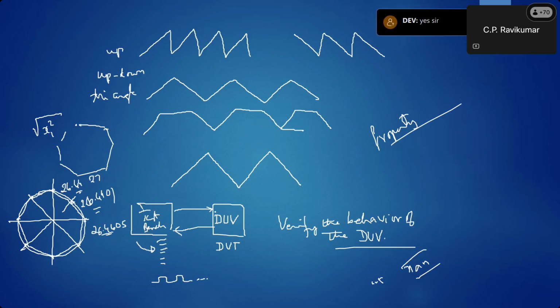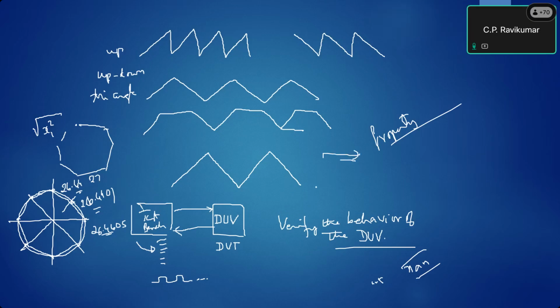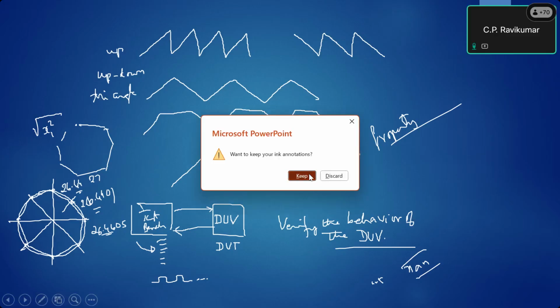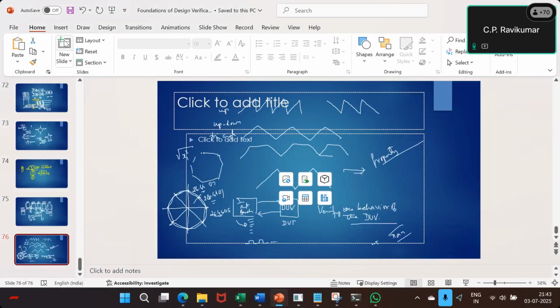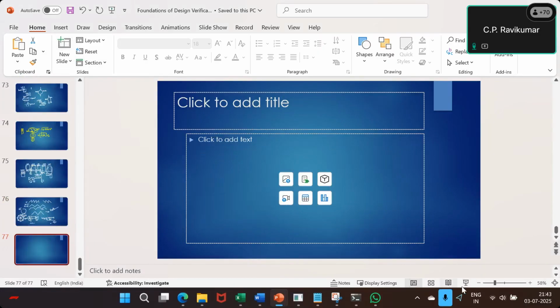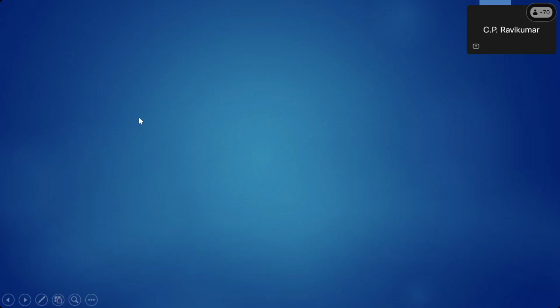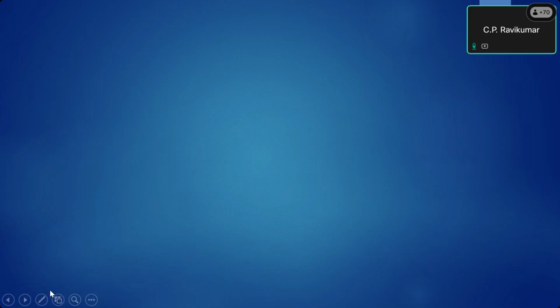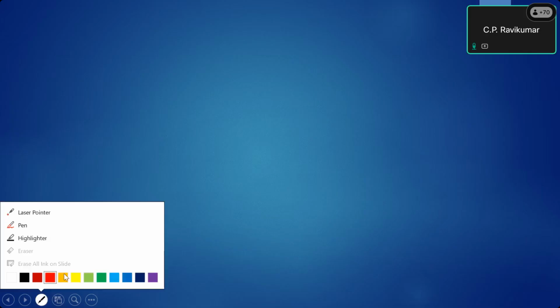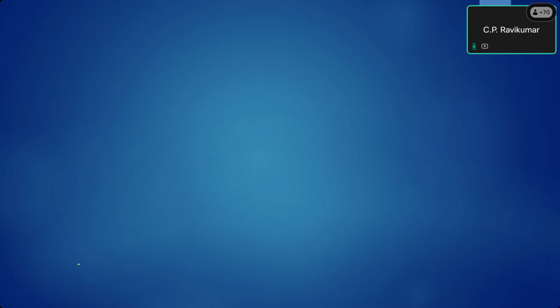So that is the reason why there are some things called properties. We can assert that this property should be true. You may remember that I had written some assertions earlier also. I don't know whether you remember, but suppose I have a BCD adder.